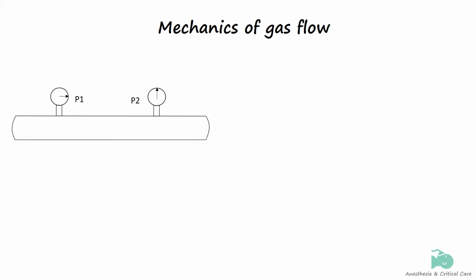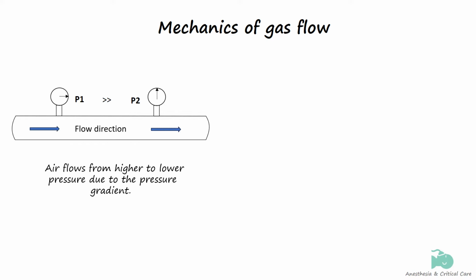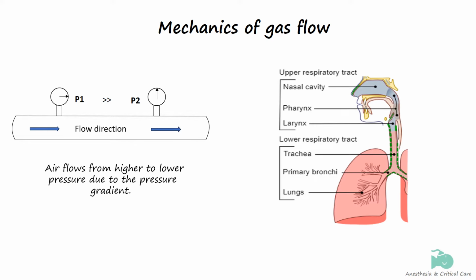Basic concept of air flow is that, for the air to flow through a tube or the airway, the pressure at one end of the tube should be higher than the other. Air always flows from higher to lower pressure due to the pressure gradient. Similarly, in the conductive airways of our respiratory system, the air flows from the mouth and nose and ends at the small airway near the bronchioles.